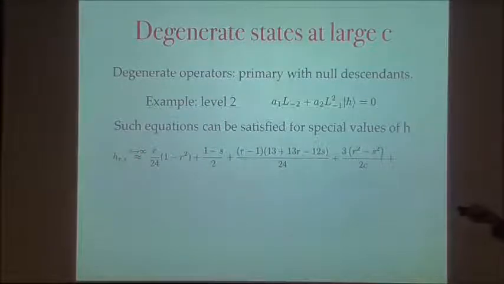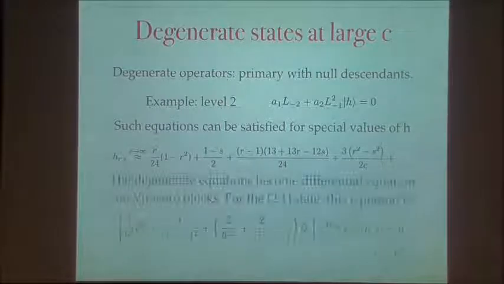But when r is 1 and s is some integer, then you actually have a finite dimension at leading order in large c. But that's also negative. This is just the well-known result that when c is larger than 1, you do not have degenerate states with positive dimension. But we still can use this.